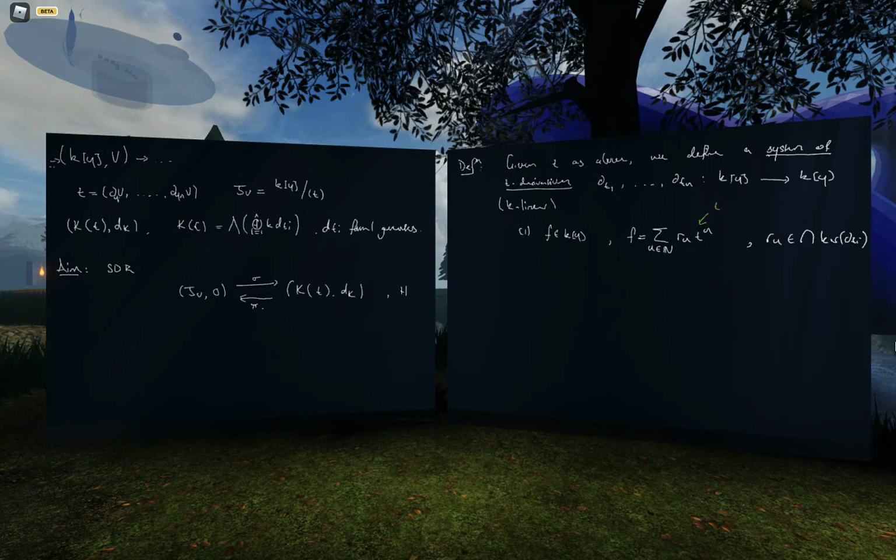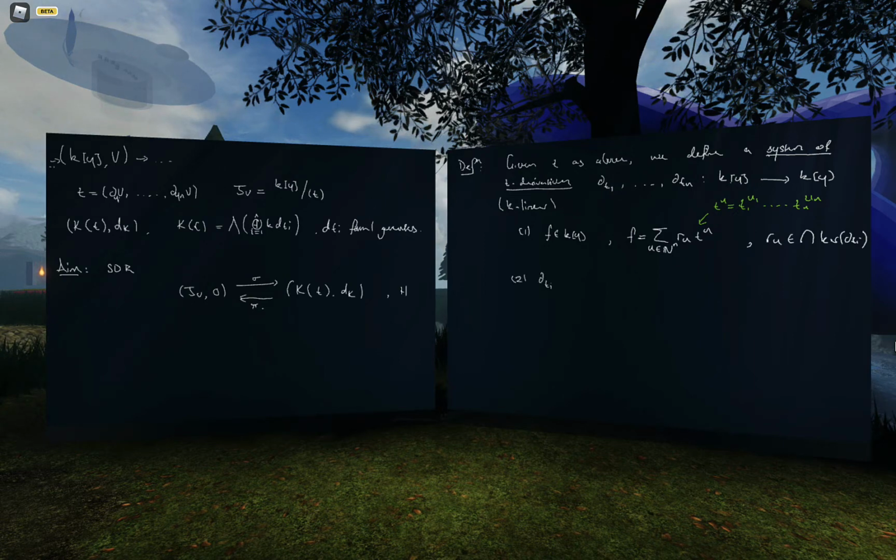Reminder that this thing is, sorry, this should be to the n here. This thing is T1 to the U1 all the way through to Tn to the Un. Okay, so that's our first condition on this set of maps.